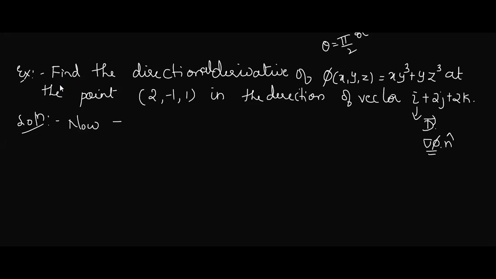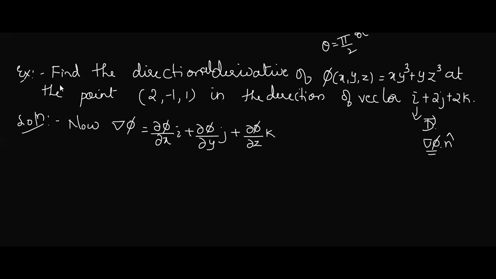Now what is del phi? It's the gradient of phi, isn't it? Tell me the expression. Del phi is dou phi by dou x i plus dou phi by dou y j plus dou phi by dou z k. Very good.